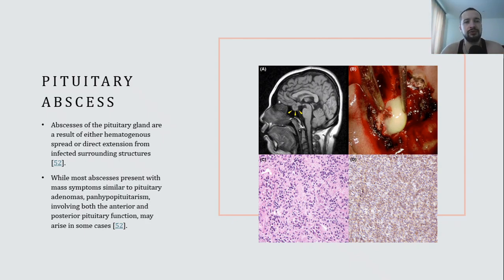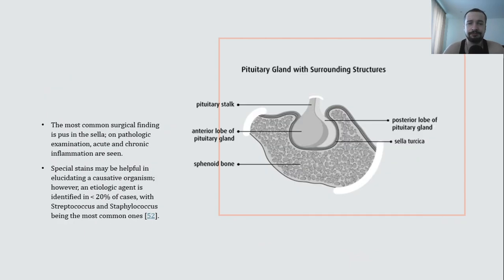Abscess of the pituitary gland are a result of either hematogenous spread or direct extension from infected surrounding structures. While most abscesses present with mass symptoms, similar to pituitary adenomas, panhypopituitarism involving both the anterior and posterior pituitary function may arise in some cases.